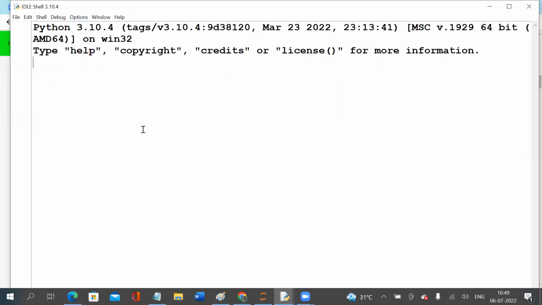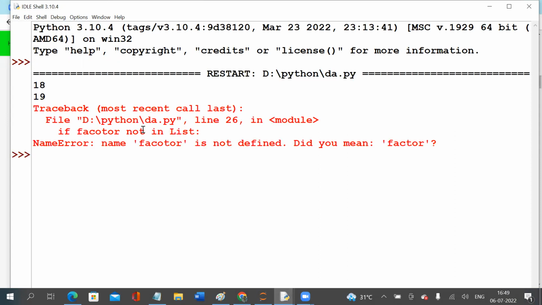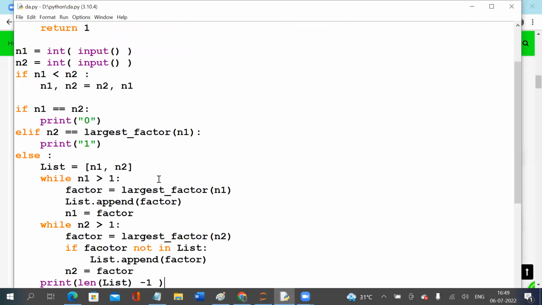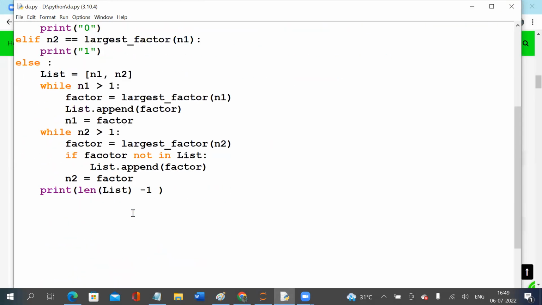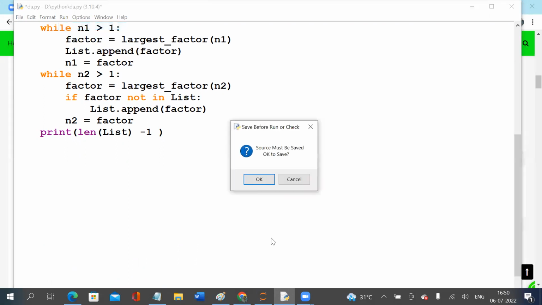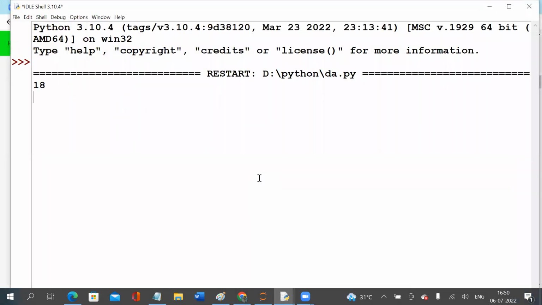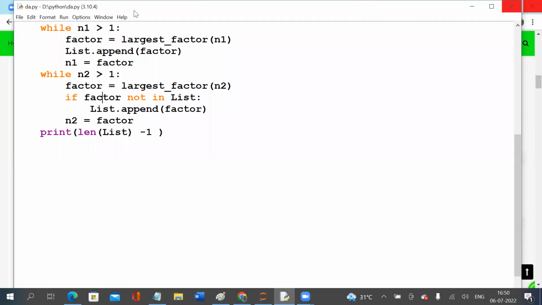Next, 18 and 19, they get swapped. Some spelling mistake somewhere. Okay. So this time 18 and 19, they get swapped.